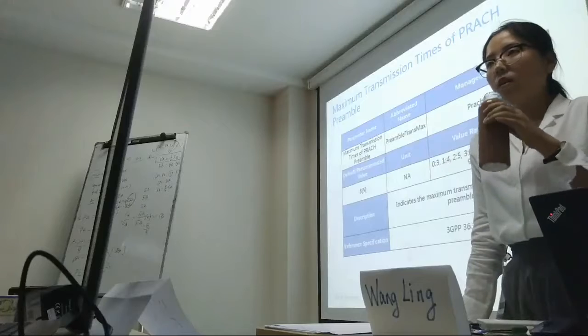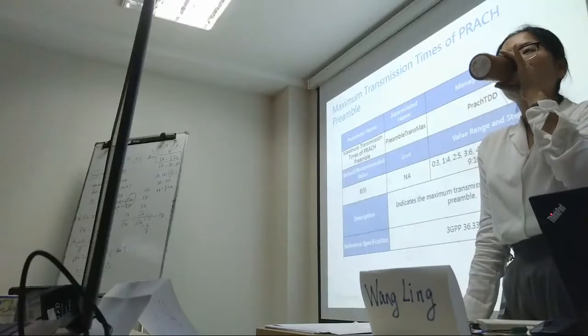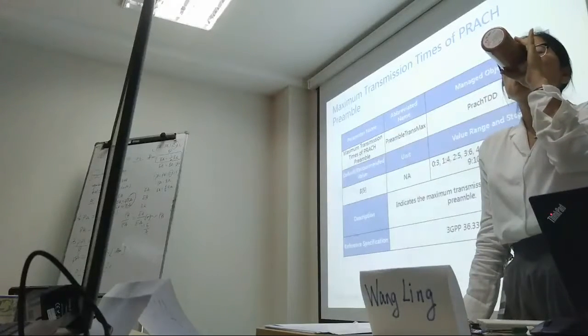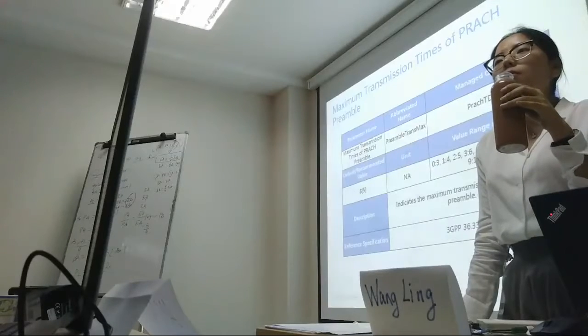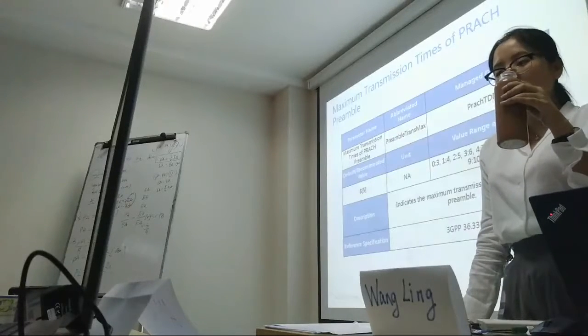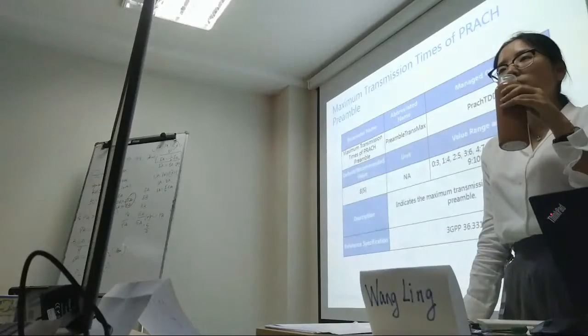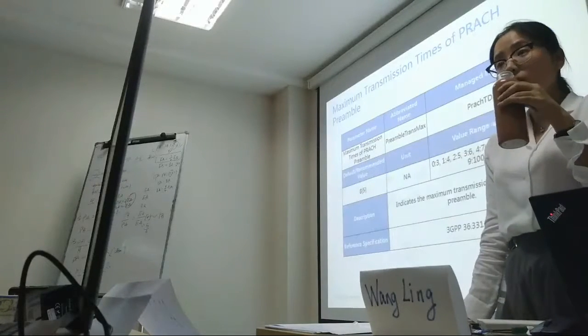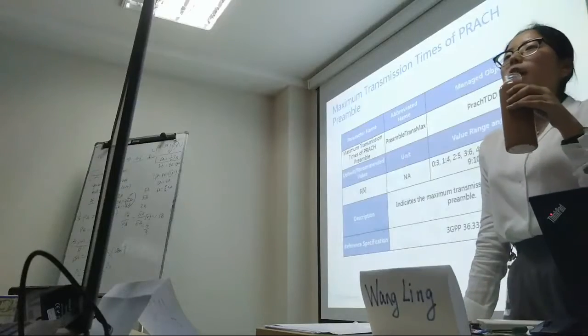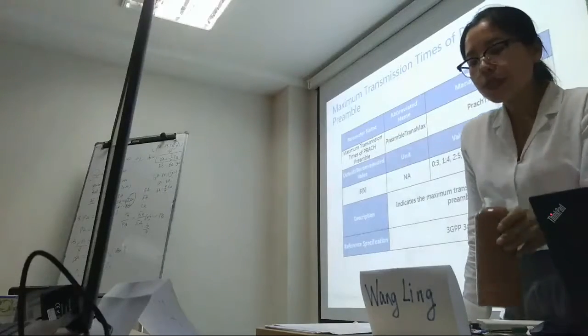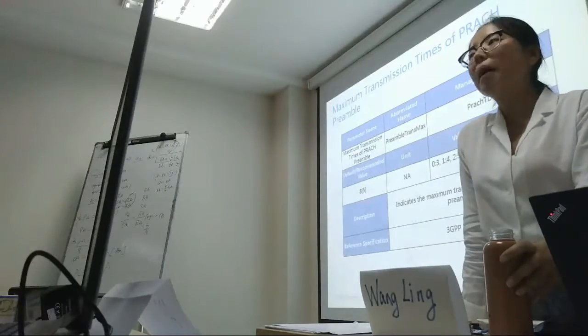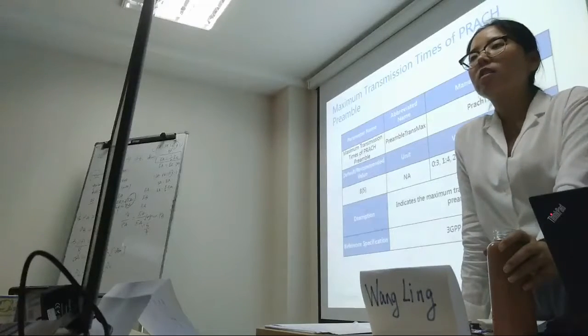My question: what is the effect if we configure a very low or a very high value? If we configure 3 times, it can go to idle. But if we configure 100? If you set it too small, it will affect the UE access to the network.